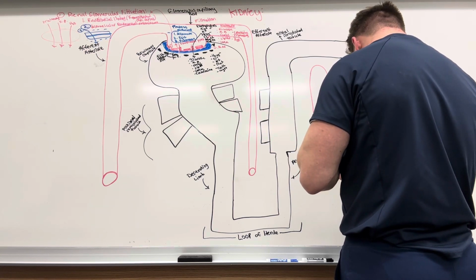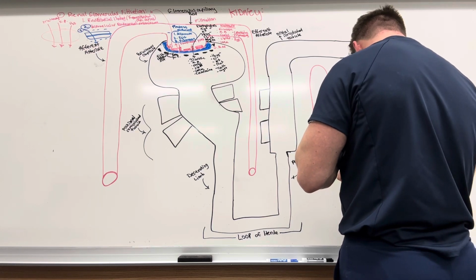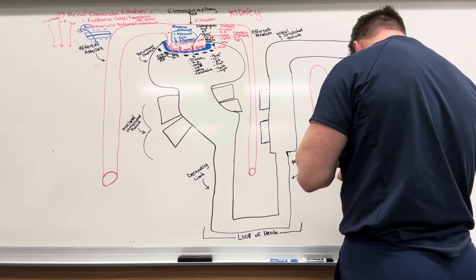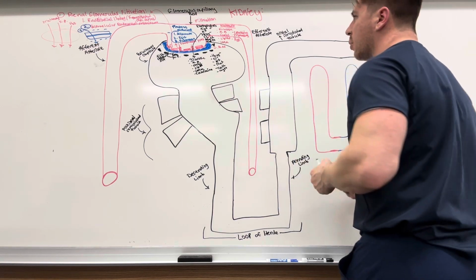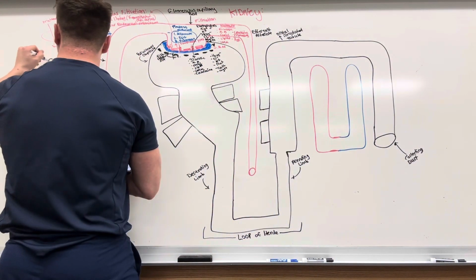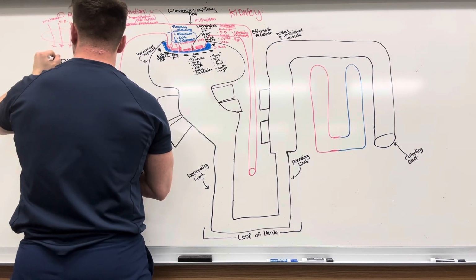Okay, so now I kind of want to talk about some pressures. So we kind of want to talk a little bit about clearance over here, a little bit about what that is.